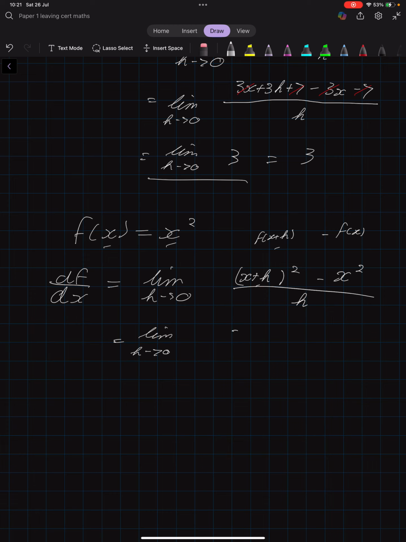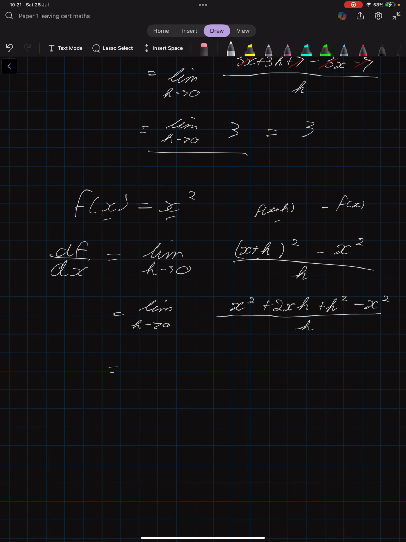If I square this out, I get x squared plus 2xh plus h squared minus x squared all over h. Okay, all fine. So I get the limit as h goes to 0 of, so now the minus x squared and the x squared cancel.